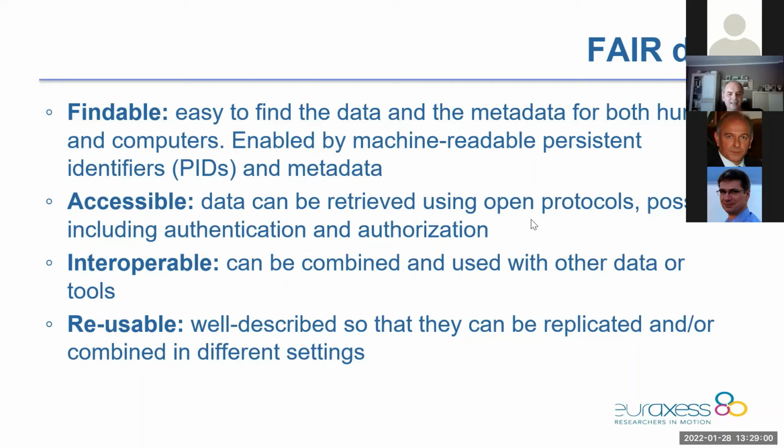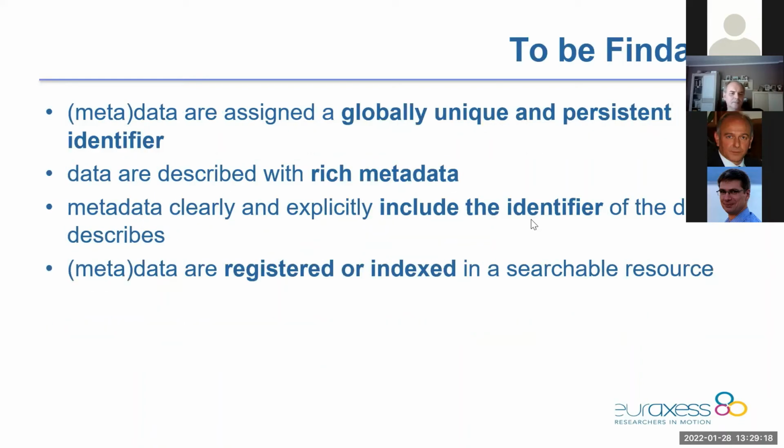FAIR principles are guidelines, not standards. They describe what needs to be done, and this can be achieved through different standards. These are the principles in more detail, sub-principles to say. For example, to be findable, metadata and data should have an assigned globally unique and persistent identifier, and should be described with rich metadata, and so on.